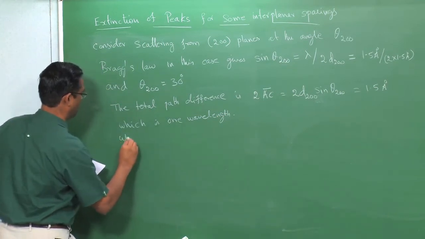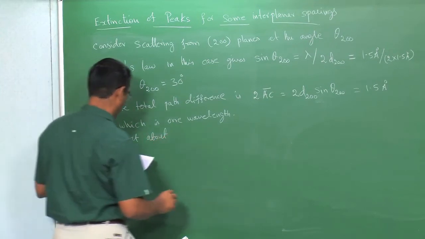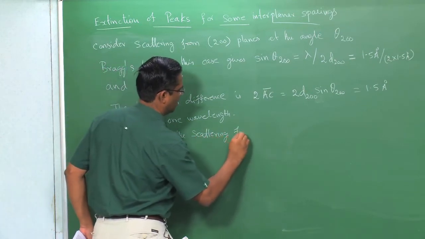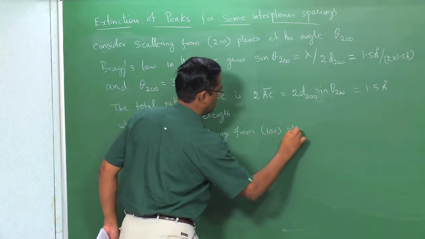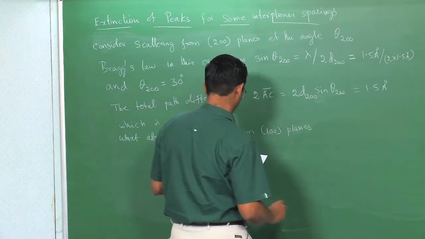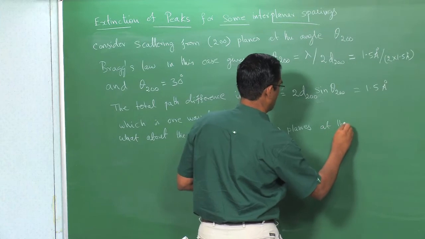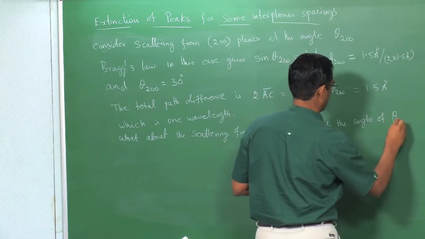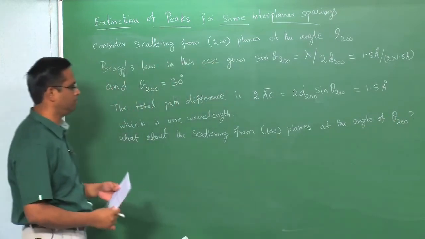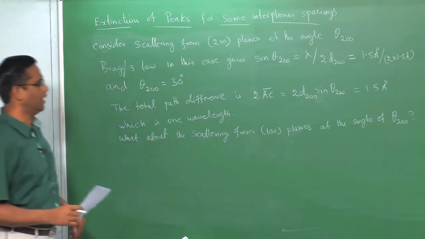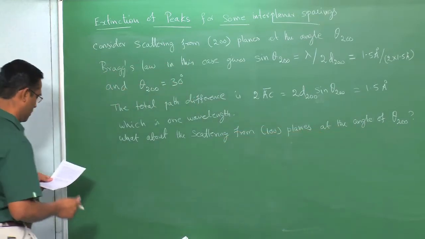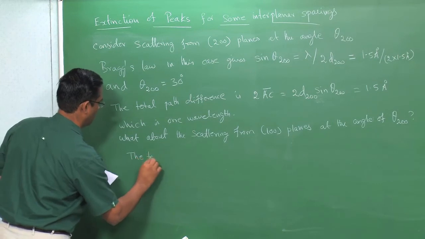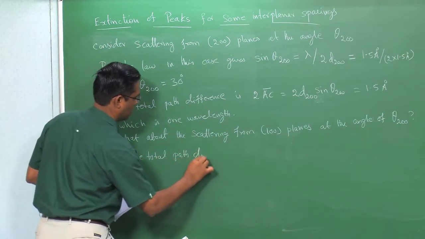Now, a similar question to what we asked before: what about the scattering from 100 planes at the angle of theta 200 now? Then we can work this out also.